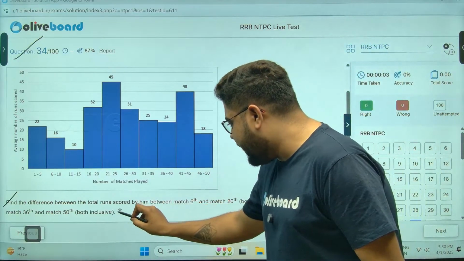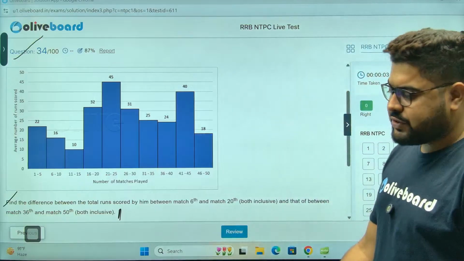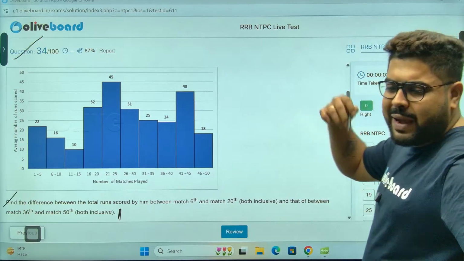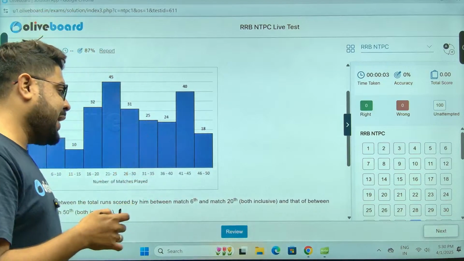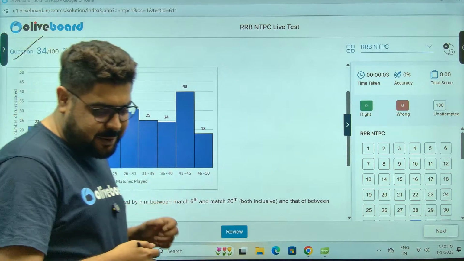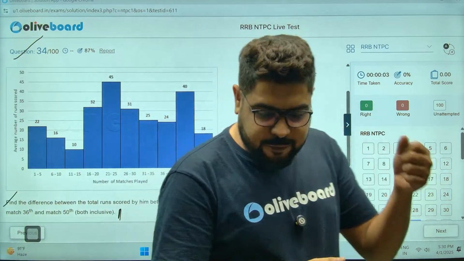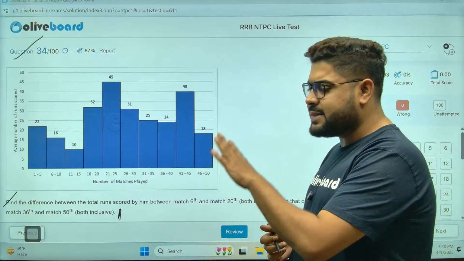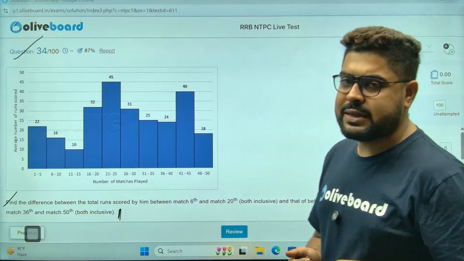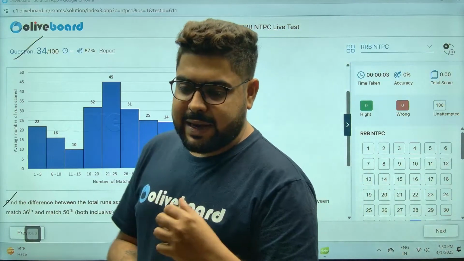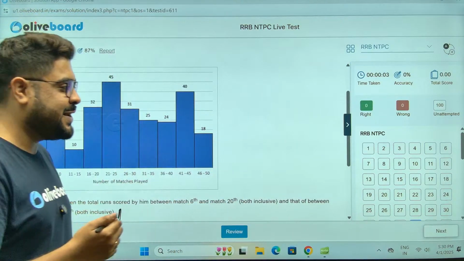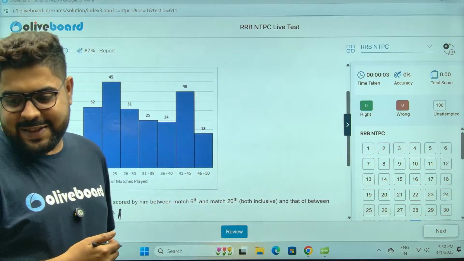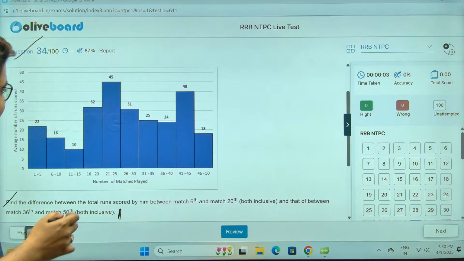It's all in the mind. Let's not talk about my achievements, let's talk about yours, right? Be passionate about this. We have to clear NTPC, clear CGL, clear the exams. Then I can roam around very proudly and say my students have cleared these many exams, right?